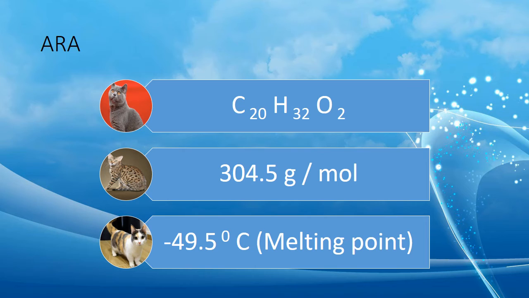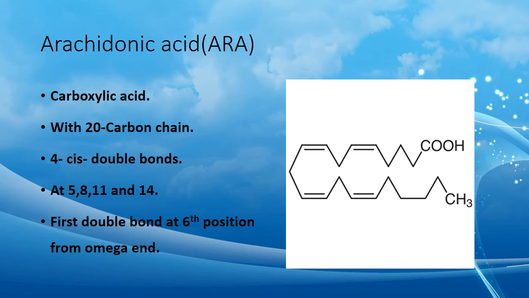Its melting point is minus 49.5 degrees Celsius. Structure of arachidonic acid: it's a carboxylic acid with a 20 carbon chain. It has 4 cis double bonds. Those double bonds are present at the 5, 8, 11 and 14 carbon positions from the alpha end. However, the first double bond is present at the 6th position from the omega end.